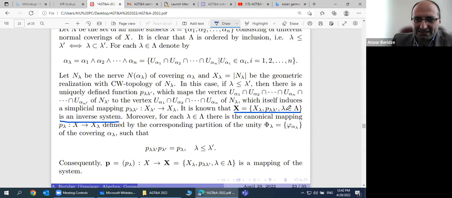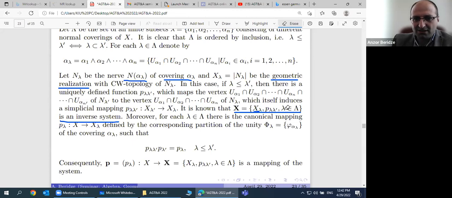But for us, it's enough to construct such an inverse system. Each topological space is the geometrical realization of the nerve of a covering. And here, p lambda prime is uniquely defined. And this is Mardesic's approach to how to construct such a mapping such that this is an inverse system.